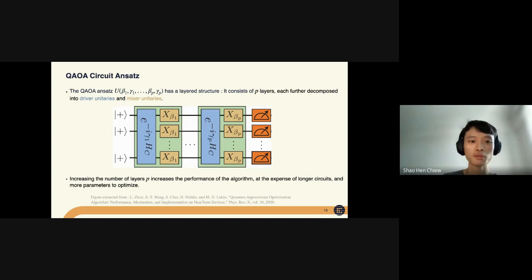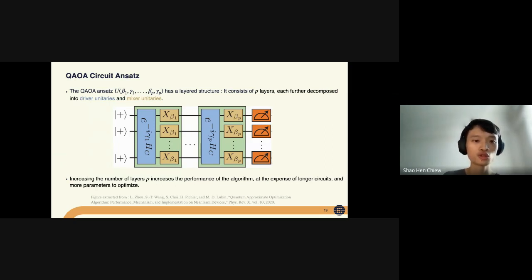If you know a bit about adiabatic quantum evolution, you know that starting from an initial state, following such an operation leads you to the ground state of this cost Hamiltonian. So what QAOA does is try to approximate this behavior by also having layers that look like those you would find in a quantum annealing procedure.